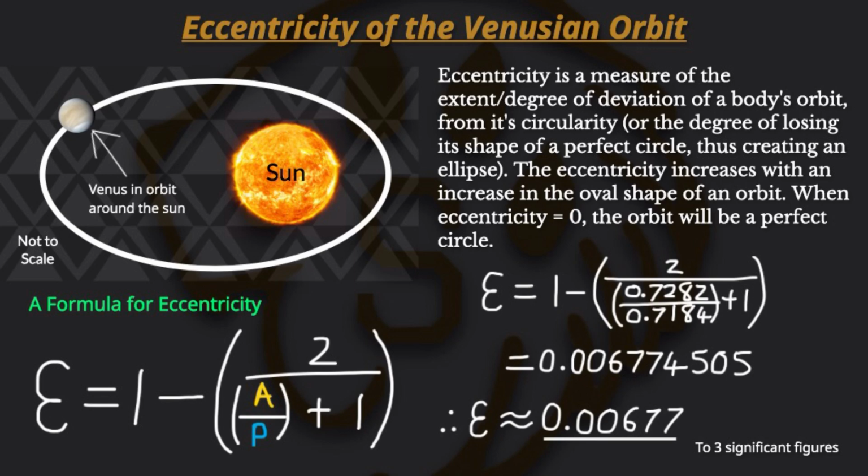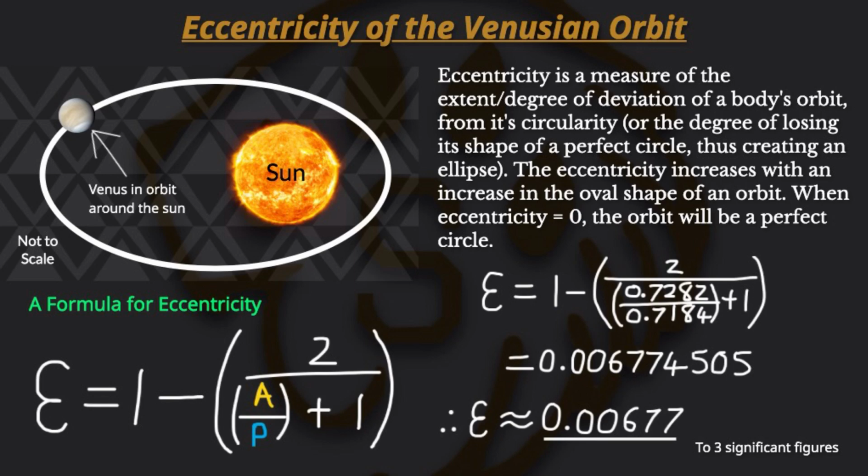So in astronomical units, we have that fraction, then plus 1 for the denominator, and our answer will be 0.006774505, which is approximately equal to 0.00677 to 3 significant figures. So that's our eccentricity for Venus.